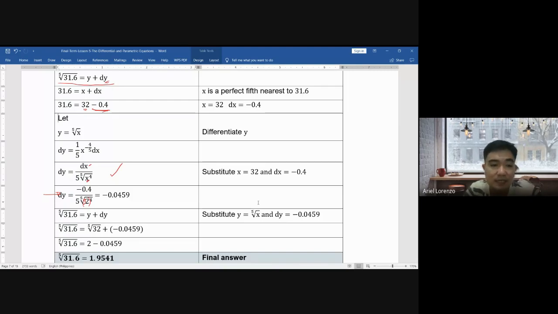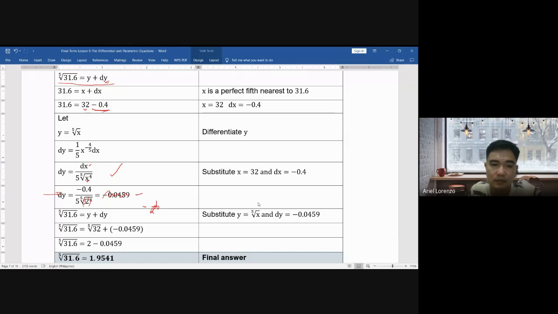I-double check natin kasi parang mali yung nailagay kong value. 0.4 all over 5 times fifth root of 32 raised to 4. It should be... dapat, class, hindi to yan. Dapat negative 1 all over 200. Okay? That should be negative 1 over 200.